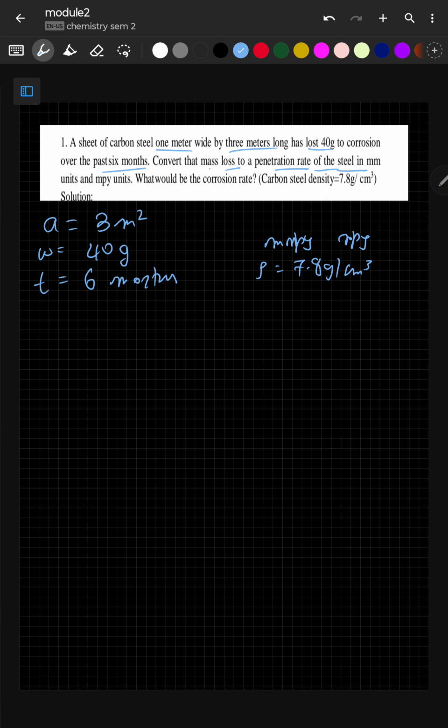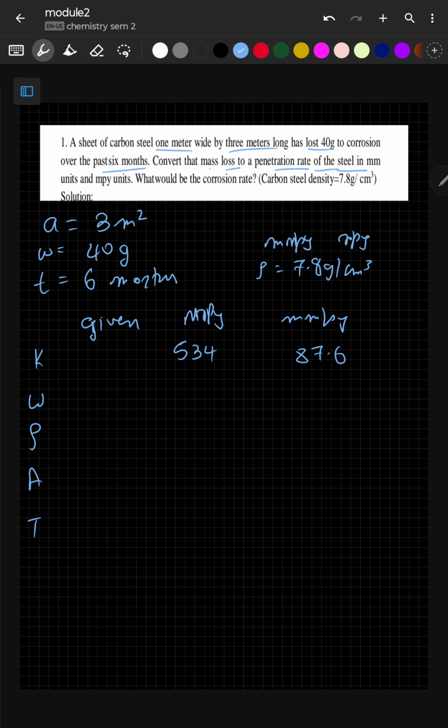So let's write what is given to us, what is required for MPY and for MMPY, and whatever necessary conversion is required I will also write here. Given K, W, D, A, T. K for MPY is 534, for MMPY it is 87.6.